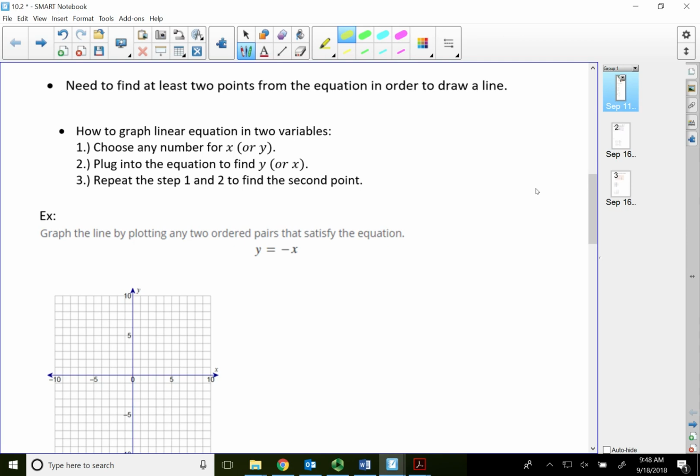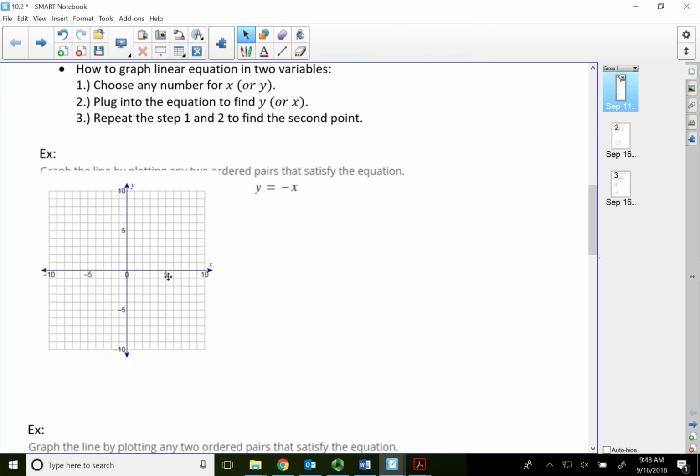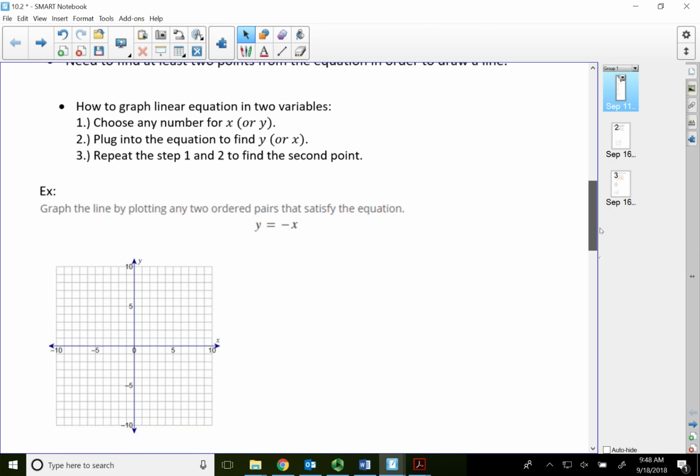Now, this is a little bit tricky, because the homework technically allows us to pick any number we want. So I'm going to show you how to pick a certain number for x or y so that, after I plug it into the equation, the other missing coordinate will be an integer.